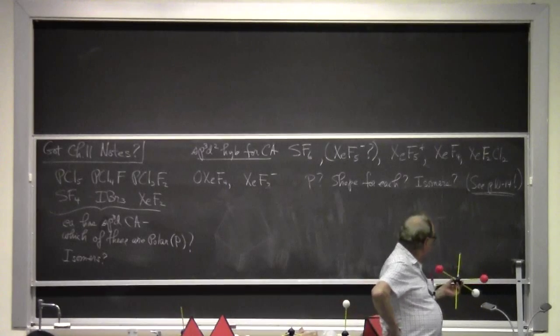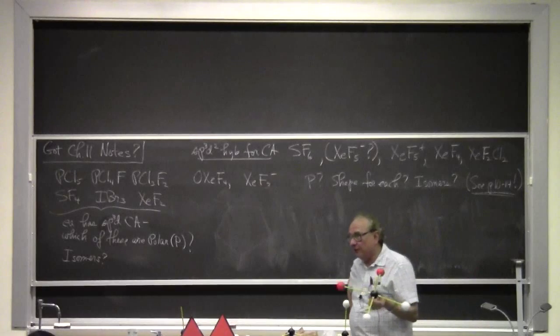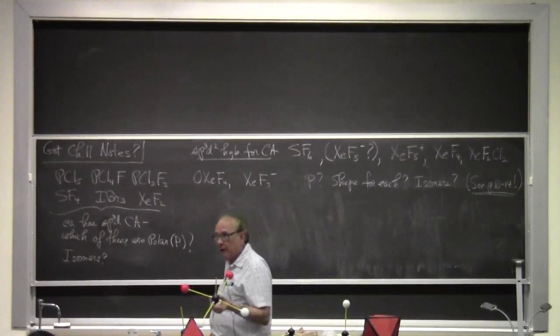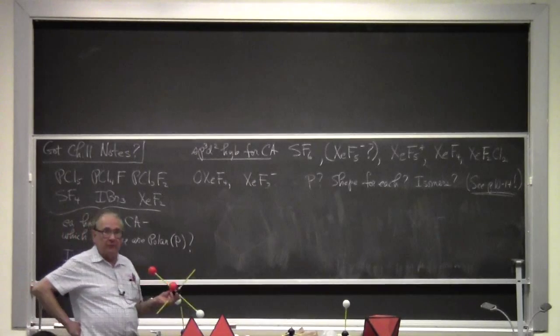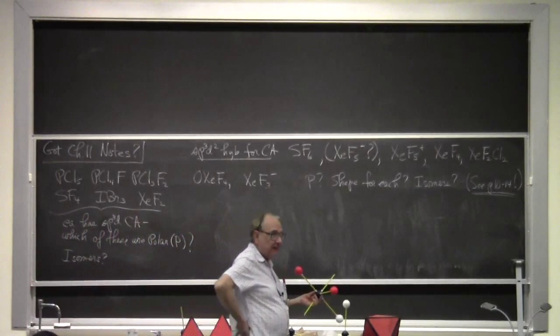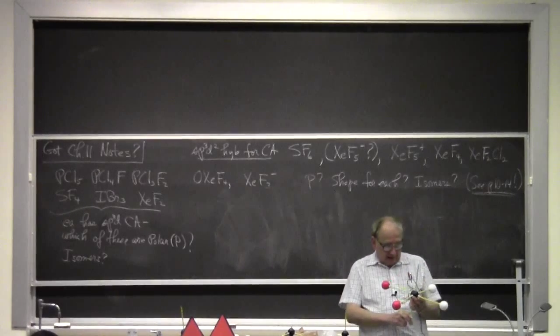Well, at a glance you can see XeF2Cl2 is geometrically just like XeF4. It's square planar. 2 non-bonding central atom single pairs, 4 bonding central atom single pairs, and generally square planar geometry, or square as you prefer.